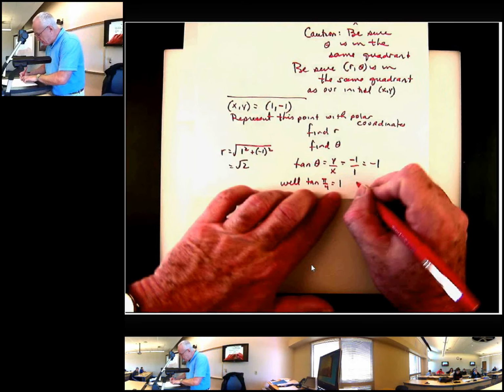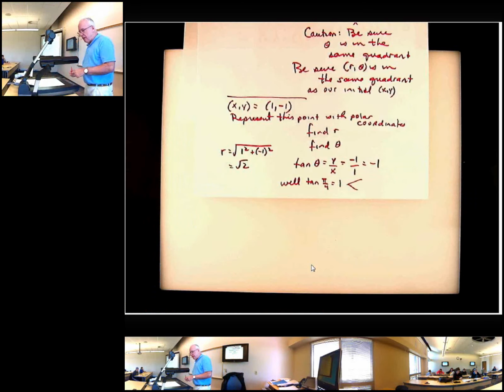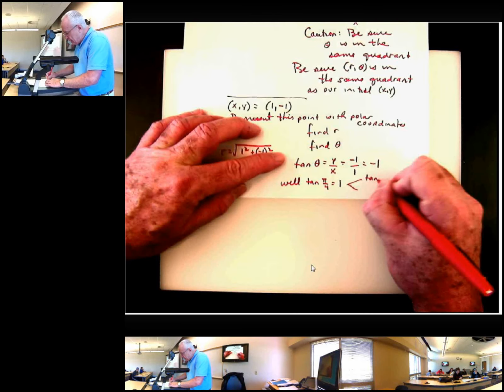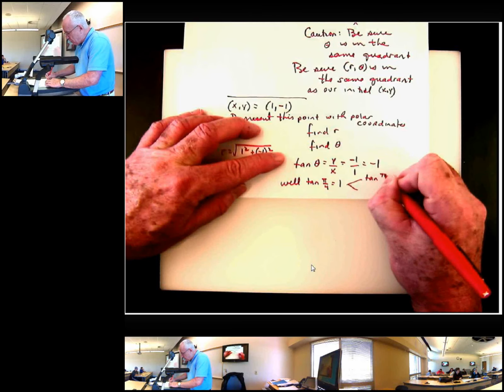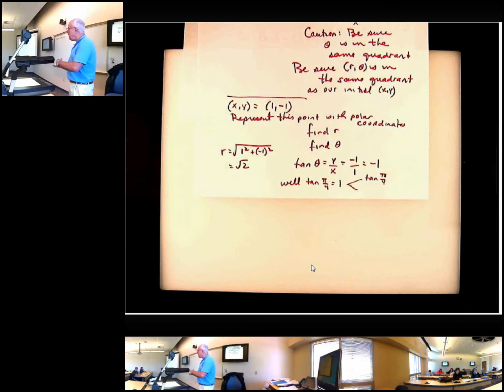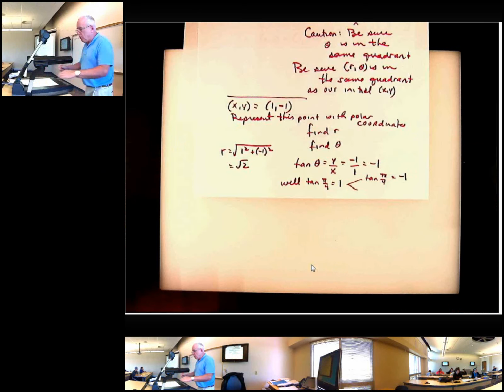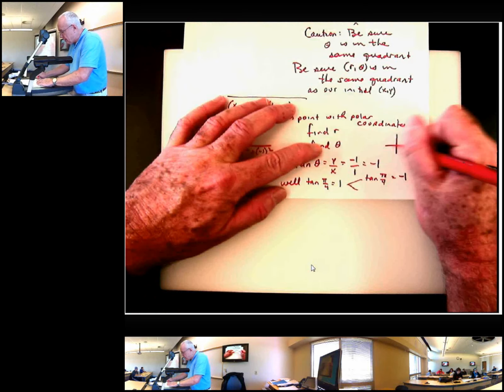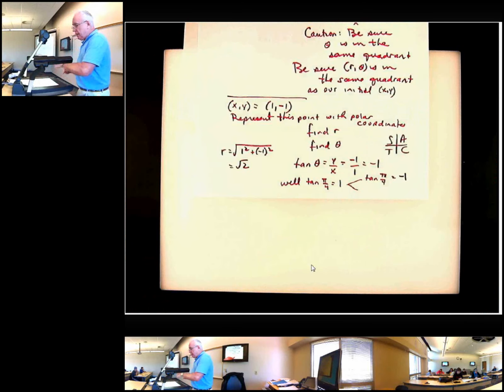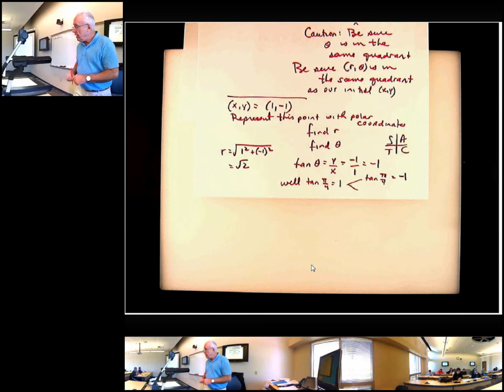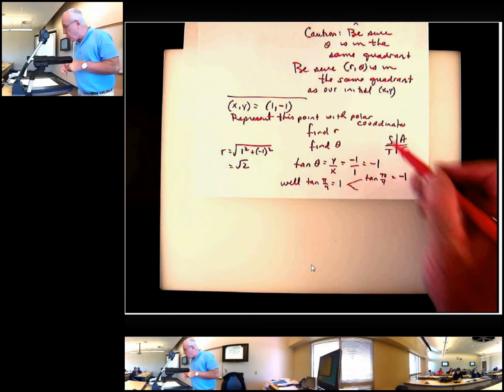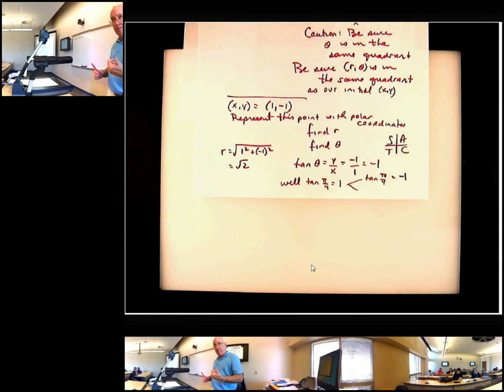So let me just put it this way, because it can be more than one value here. So tangent of 7 pi over 4, 1 3/4 pi, that is going to equal the negative 1. Remember again, a smart trig class, ASTC, in the fourth quadrant there, and in the second quadrant, the tangent is negative, all right?